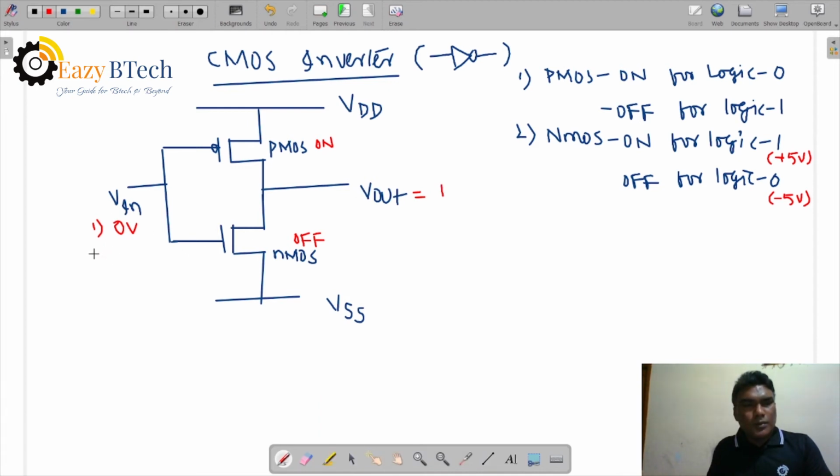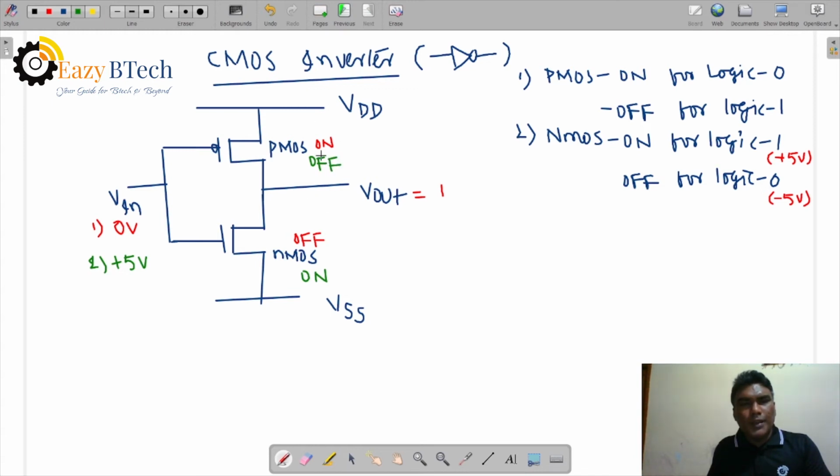Now let us take the second input: Vin equal to 5 volts, or logic 1. When 5 volts is applied, NMOS is on and PMOS is off.